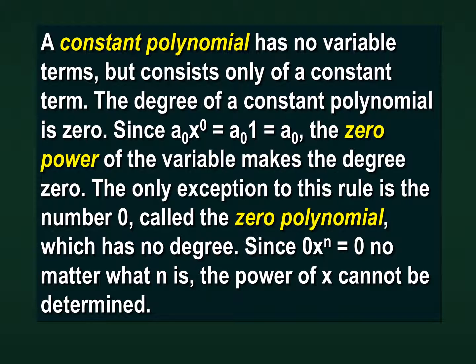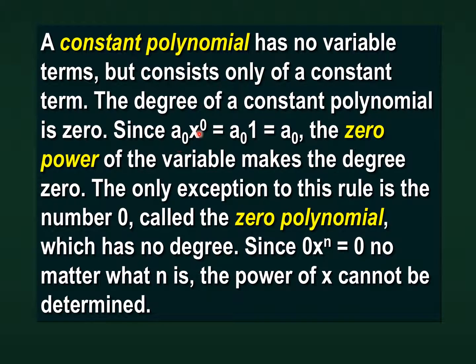The degree of a constant polynomial, because it does not have a variable, is 0. If you think about it, x to the 0 power is 1, which means that I just have whatever my coefficient was. I have no variable because my variable has kind of disappeared when I put it to the 0 power.